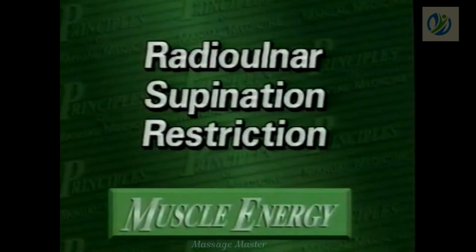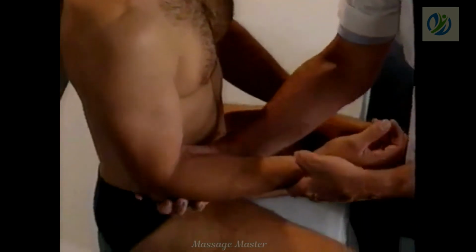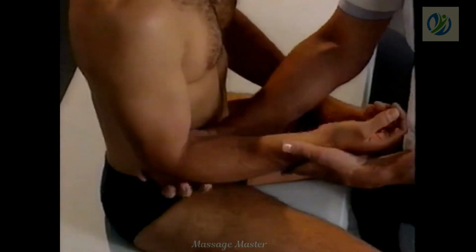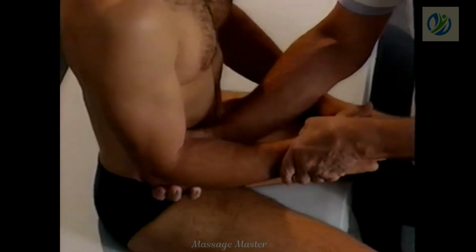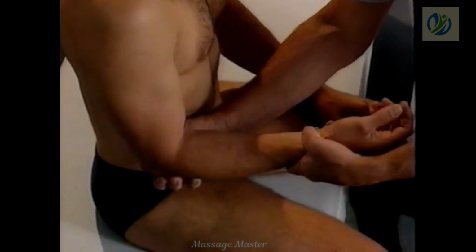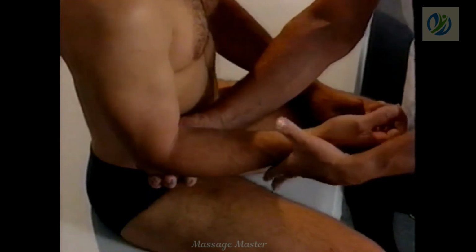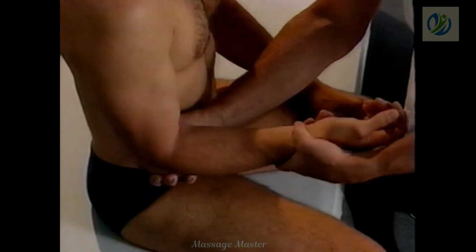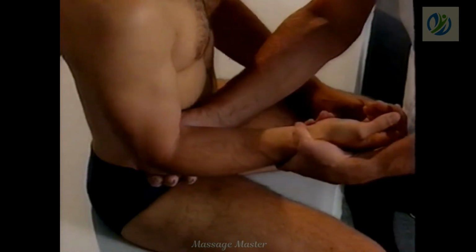One of the more common restrictions is supination restriction. To treat that, we stabilize the elbow at 90 degrees with one hand, introduce supination to the first barrier with the opposite hand. By holding the distal radius and ulna, we resist the patient's attempt at pronation.